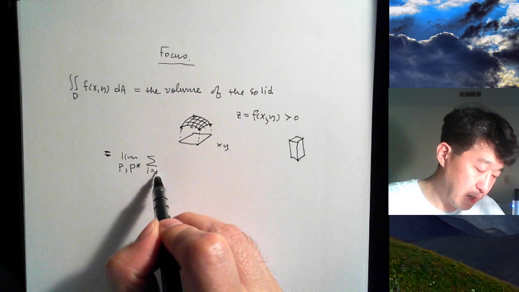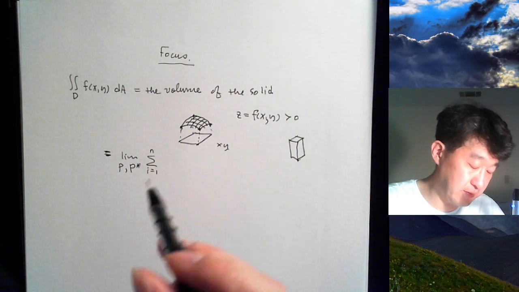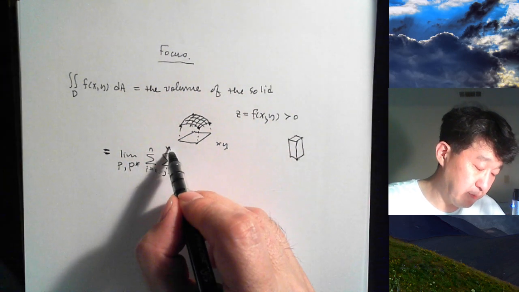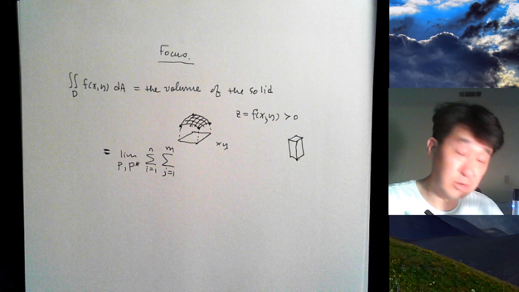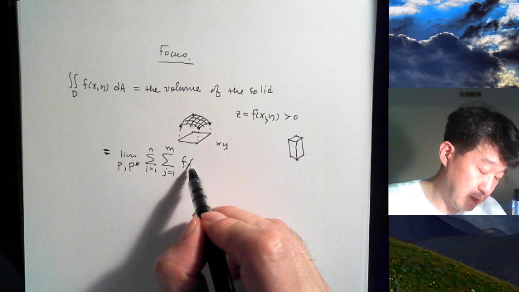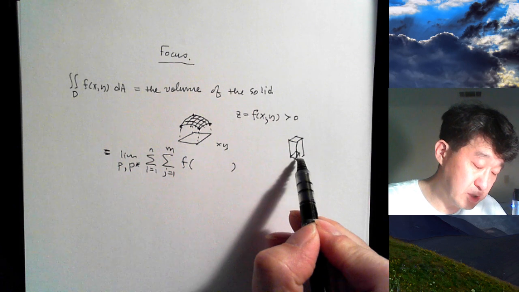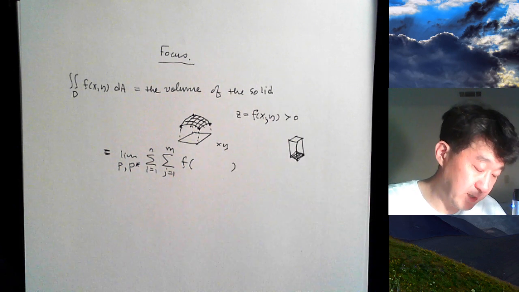So i goes from 1 through n, this division along the x coordinate, and j from 1 through m along the y coordinate, and then this is the selection point for each of these small subrectangles.